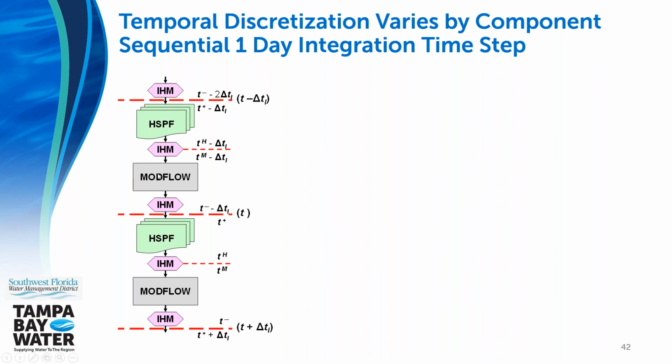MODFLOW simulates the groundwater system. IHM then picks up the output from MODFLOW, reconfigures that into an input change to HSPF so that the groundwater system also dynamically influences surface hydrology. As we cross this red line, we move into the next integration step or the next day of simulation.